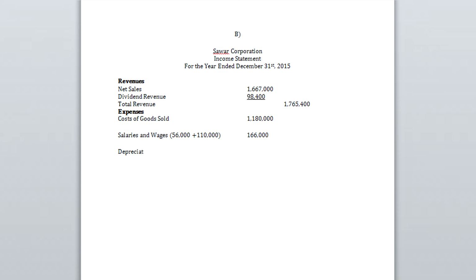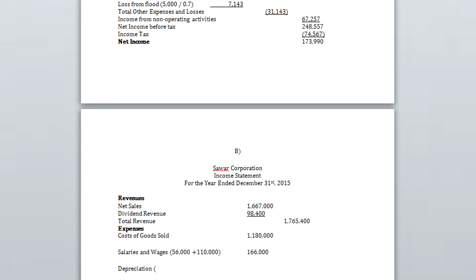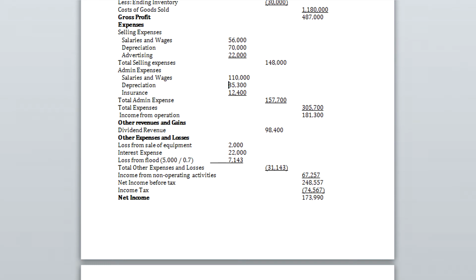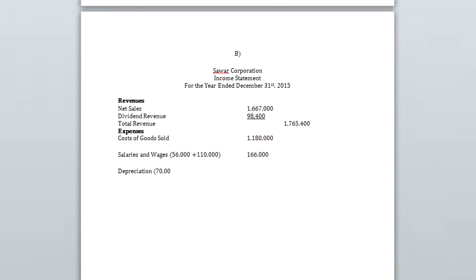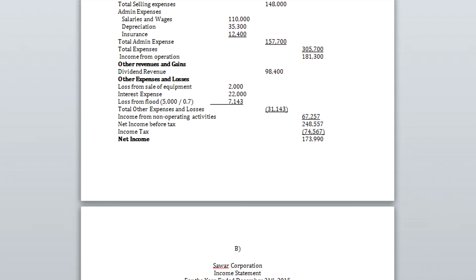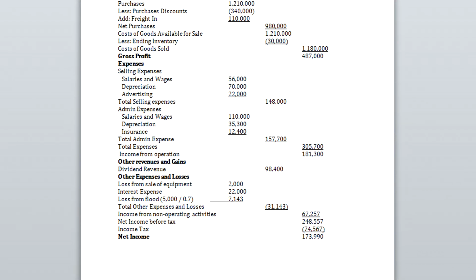Same thing with depreciation. Okay, depreciation before was listed twice, $35,300 and $70,000. So we're just going to add these together, $35,300. I think it's 300, and this gives us a total of $105,300. And then what are our other expenses here? There was advertising.